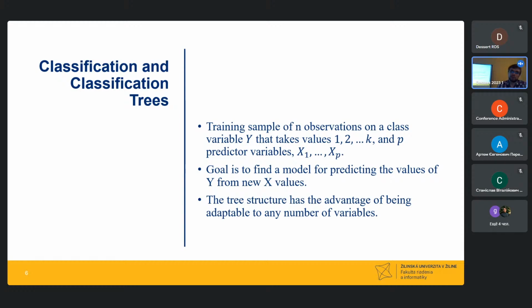The goal is to find the value of epsilon based on the value of x. Tree structures in this situation can be quite beneficial because tree structure is adaptive to multiple variables and is also quite easy to visualize.